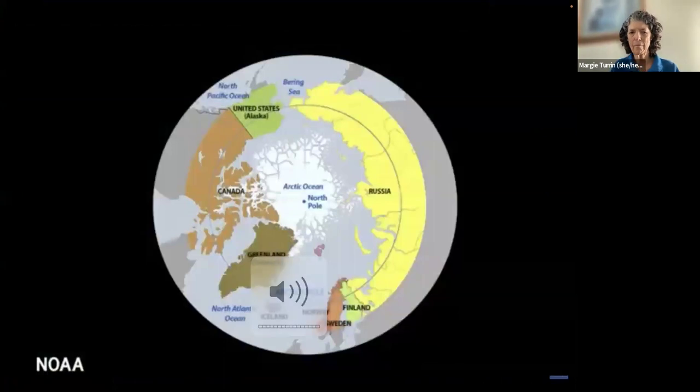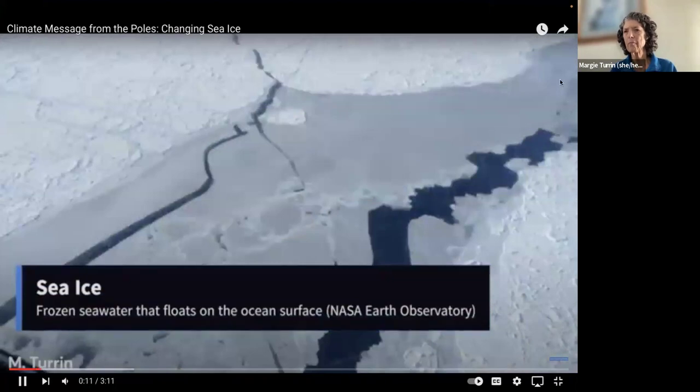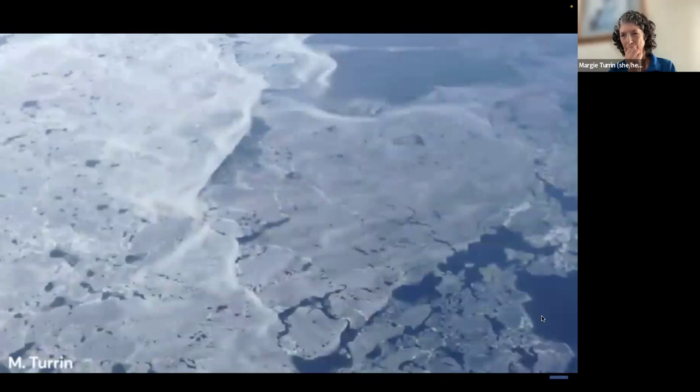Unlike the Antarctic, the Arctic is a vast ocean surrounded by land. This vast ocean is blanketed with miles and miles of sea ice, or a thick cover of free-floating frozen seawater. Sea ice has been declining in recent years due to warming air and water temperatures, a result of climate change. Not only has the extent of sea ice been declining, but the actual thickness of the ice is decreasing too.